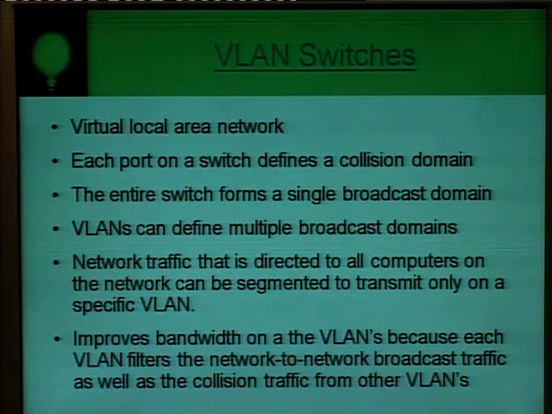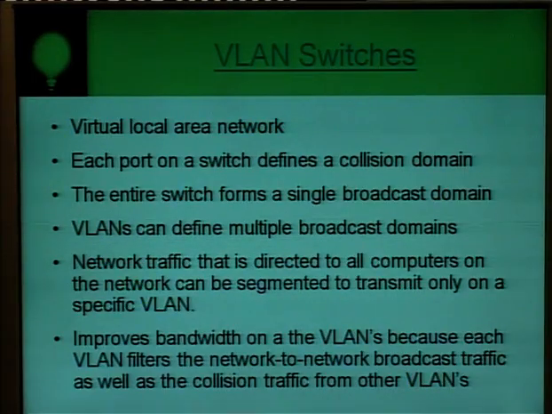The next type of switch is the VLAN switch. VLAN is the virtual local area network. In this type of switch, each port on a switch defines a collision domain, and the entire switch forms a single broadcast domain.